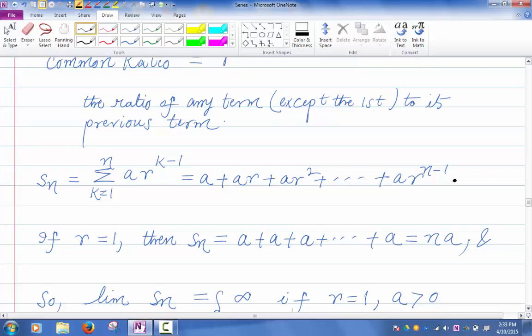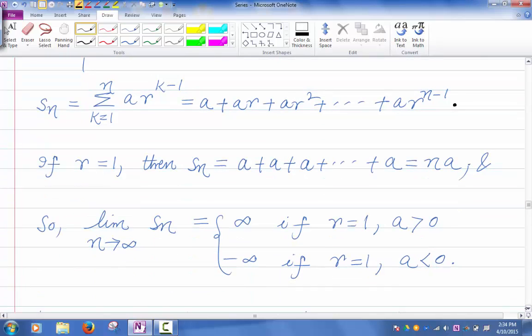Now, I want to figure out for what values of a and r is the geometric series convergent, and for what values of a and r is the geometric series divergent. Is everybody clear? Okay, so let's think about the case when r is 1.